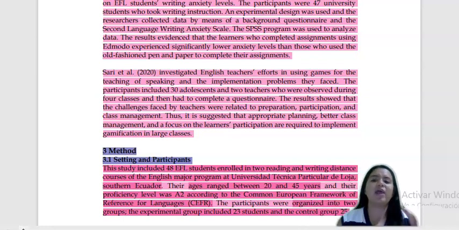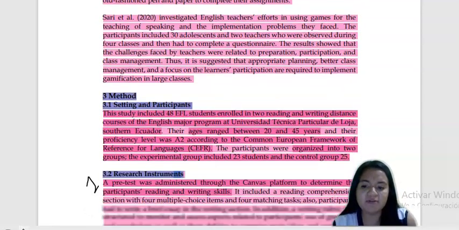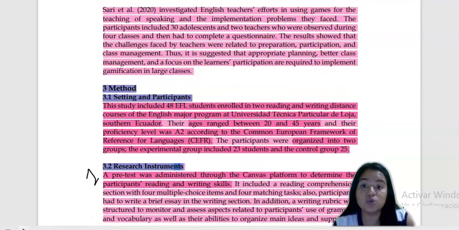Their age ranged from 20 to 45 years. Their proficiency level was A2 according to the Common European Framework.